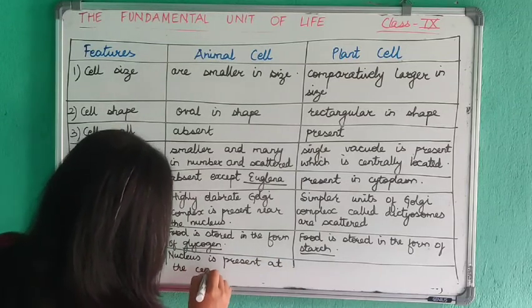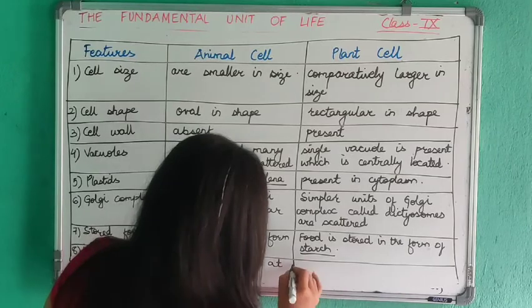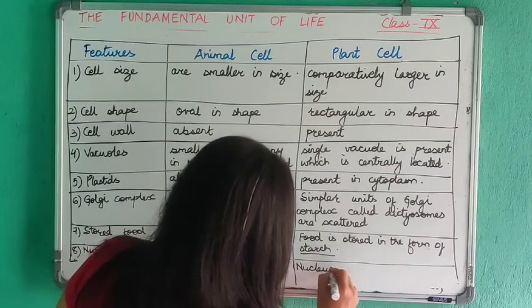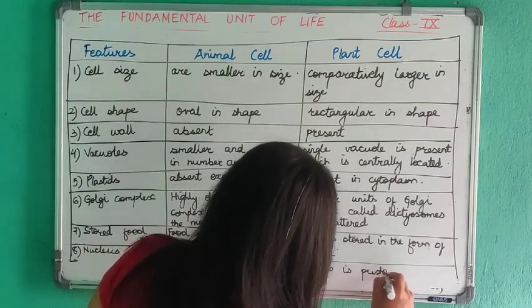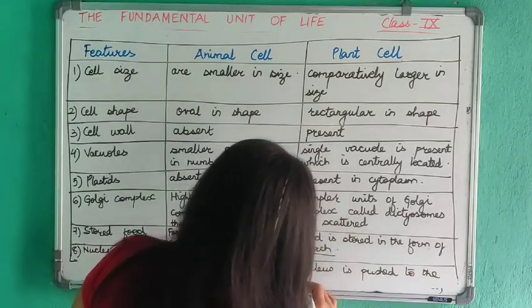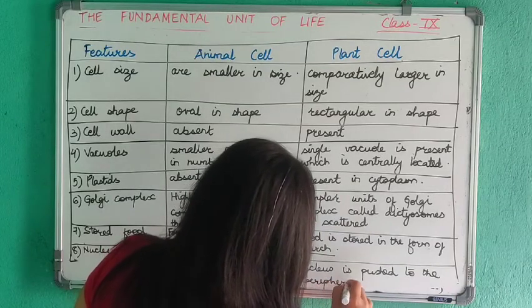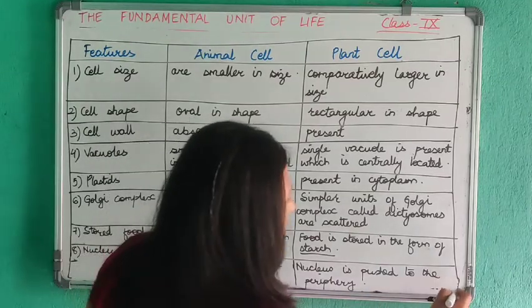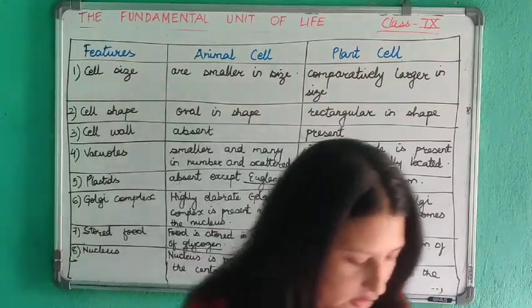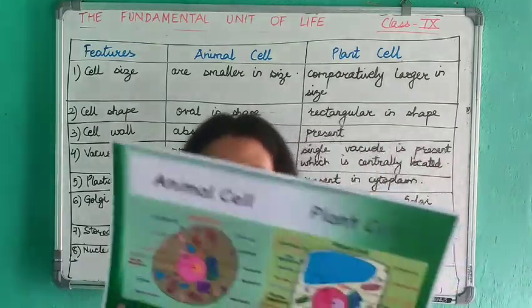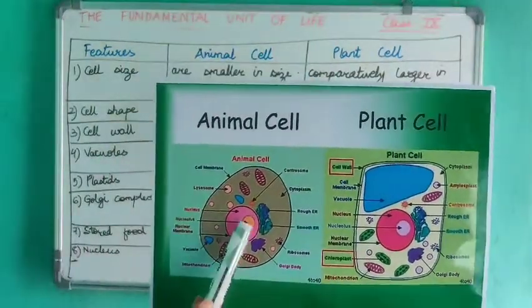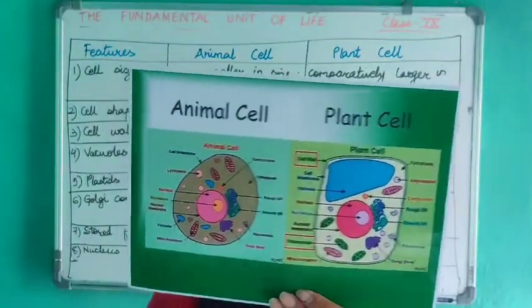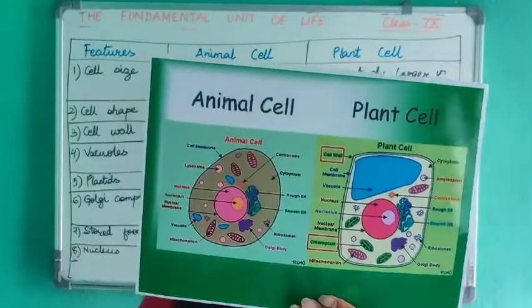But in plant cells, since the vacuole is large, the nucleus is pushed to the periphery, to the side. So these are the 8 differences between plant cell and animal cell. Understand? The nucleus is in the center in animal cells, while here the vacuole pushes it slightly down towards the periphery.